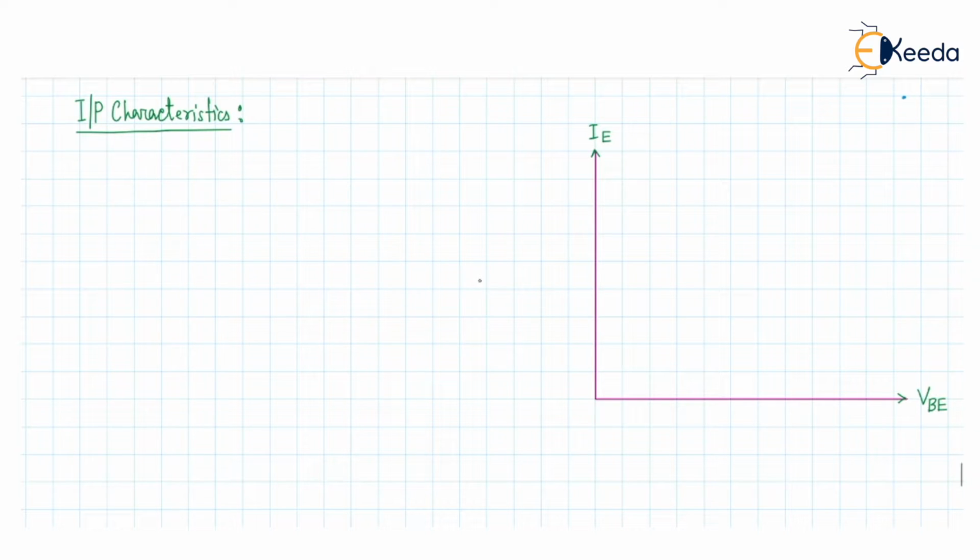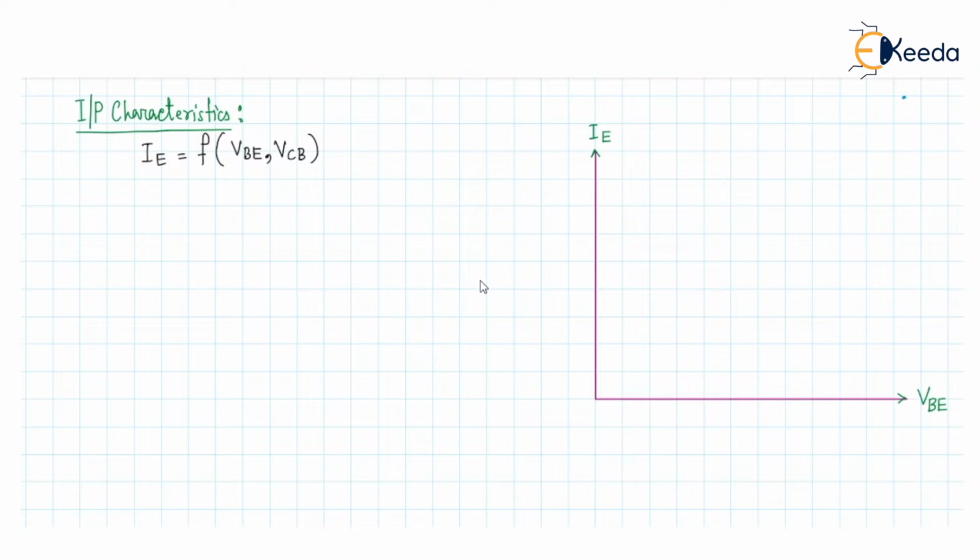So in this case of input characteristics, the emitter current will be a function of VBE and VCB.